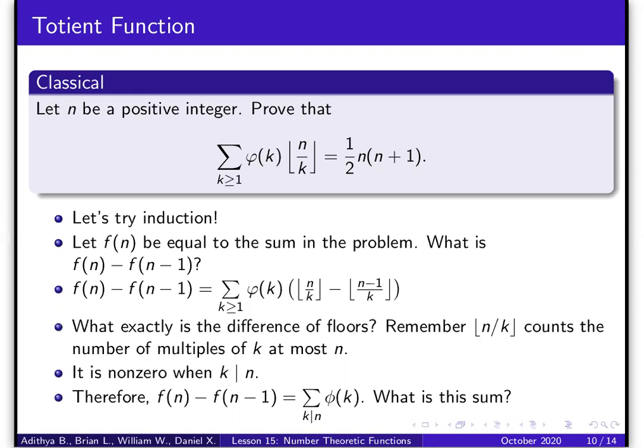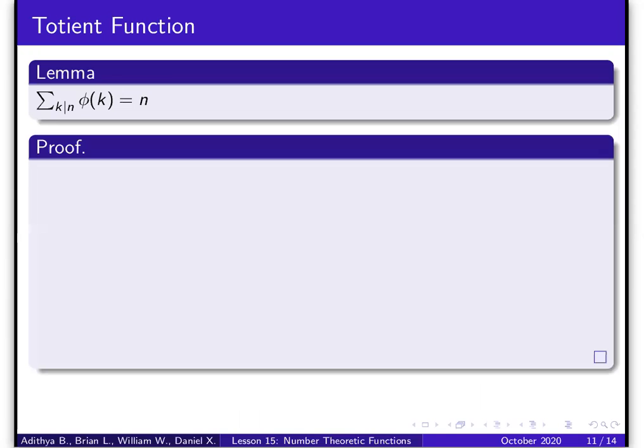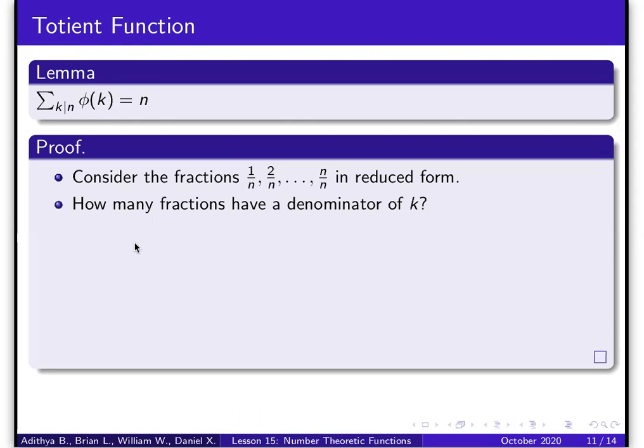So let's try to prove this. One way we can prove this is if we consider the fractions 1 over n, 2 over n, and so on all the way to n over n in reduced form. How many of these fractions are going to have a denominator of k, where k divides n?